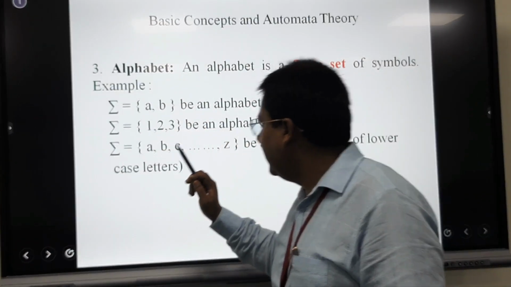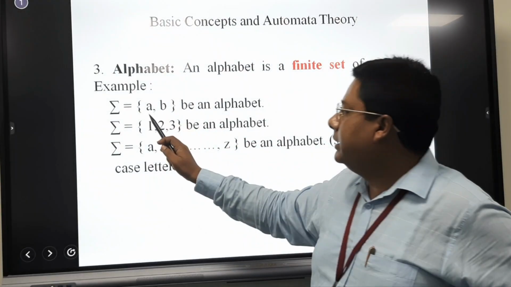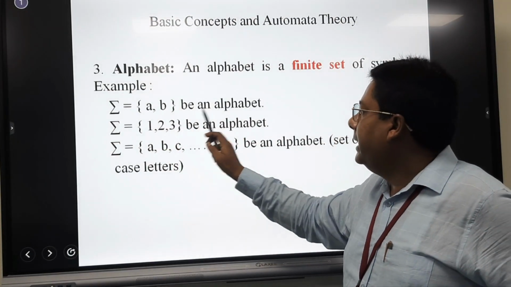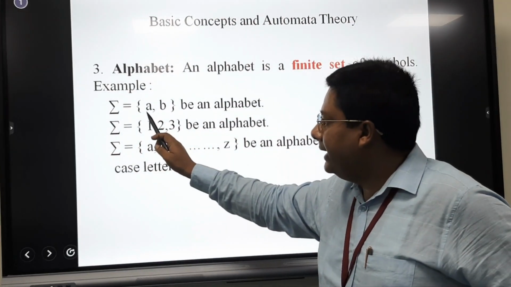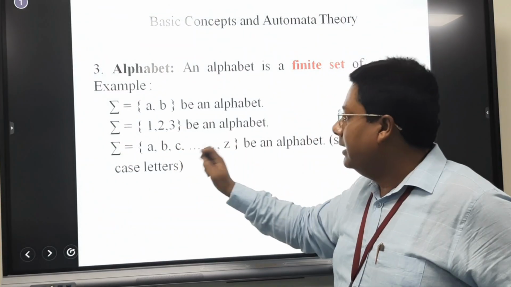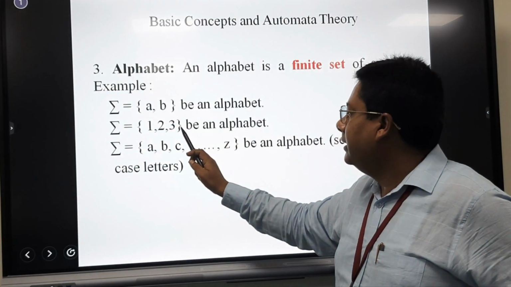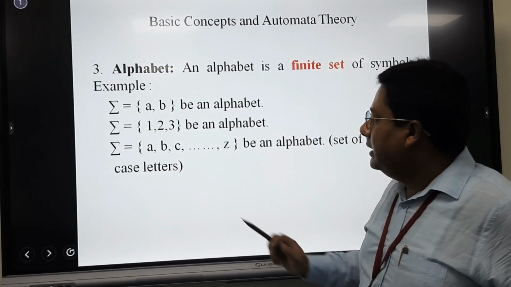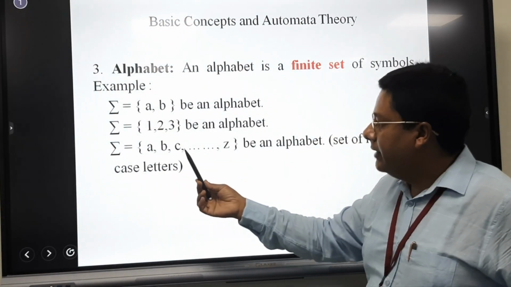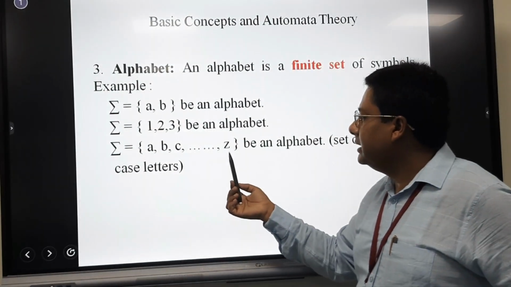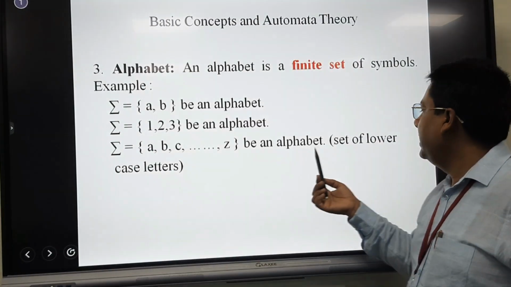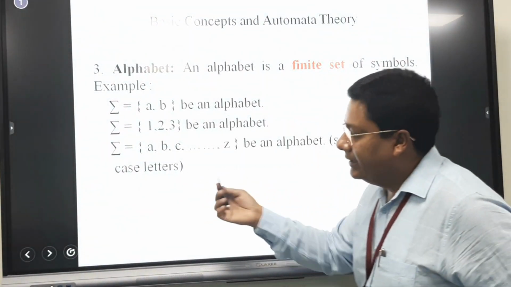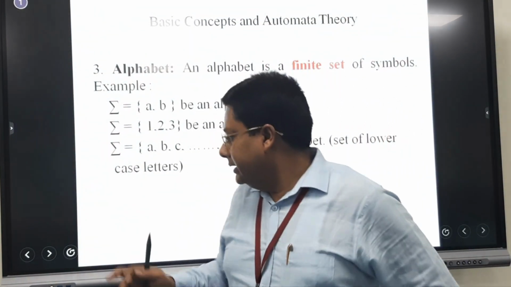For example, {a, b} is an alphabet: a is a symbol, b is a symbol. In {1, 2, 3}, 1 is a symbol, 2 is a symbol, 3 is a symbol. And the last one, a, b, c till z, is the set of lowercase letters.